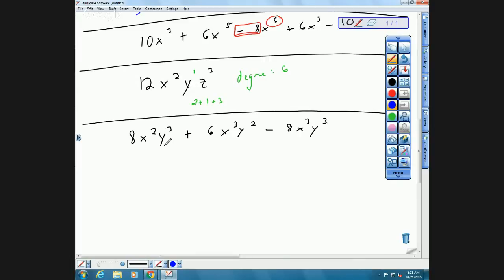So this first one is 2 plus 3, and this one would be 3 plus 2. And this one would be 3 plus 3, which is 6. So the degree of this term is 5, this one is 5, and this one is 6. So the degree of the entire thing would be 6, since that's my biggest one. So you add up the exponents in each one. I think there's only 1 or 2 of those on the homework. You don't see those very often.